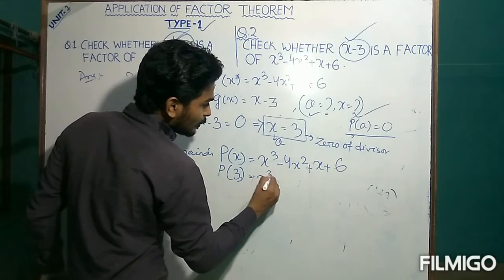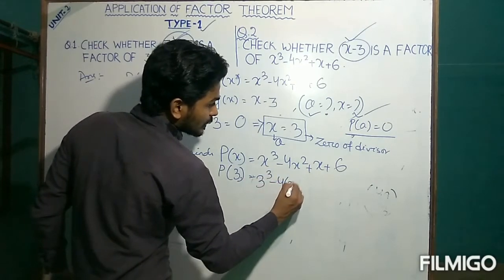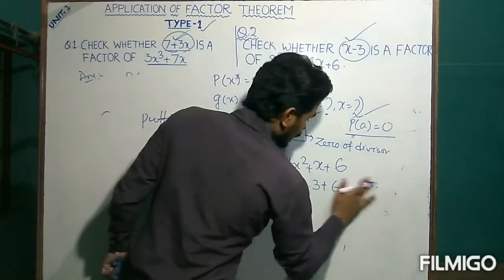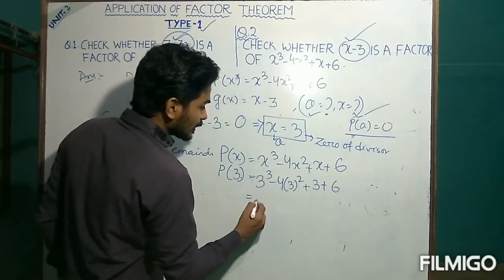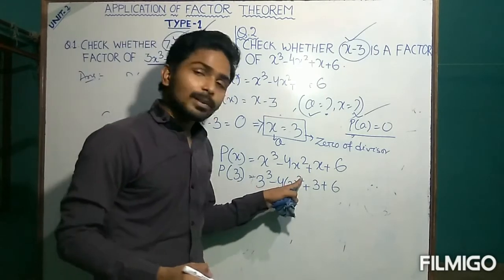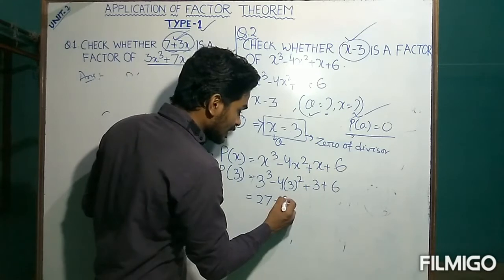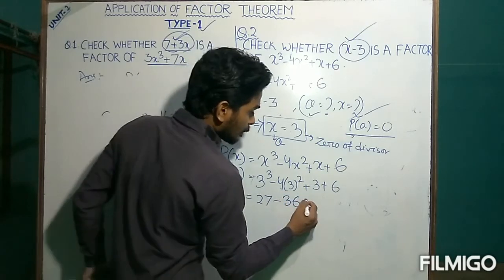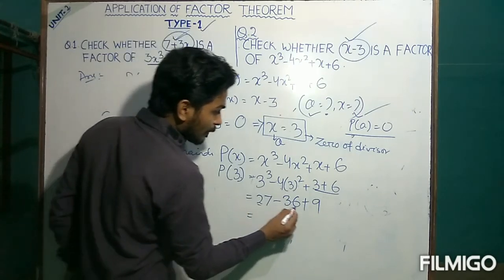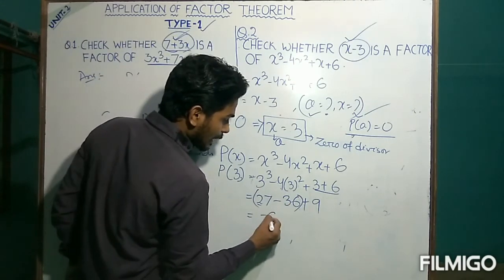So it will be 3 cube minus 4 times 3 square plus 3 plus 6. Now 3 to the power 3 is 27, minus 3 to the power 2 is 9, and 4 into 9 is 36, plus 3 plus 6 is 9. Now 27 minus 36 is minus 9.